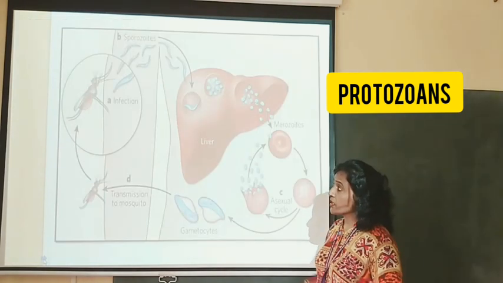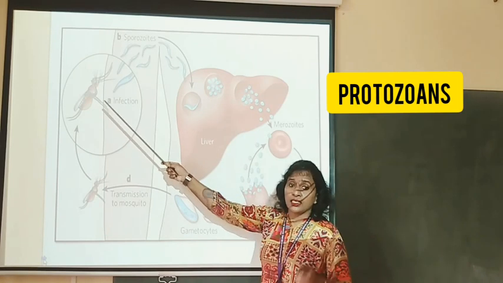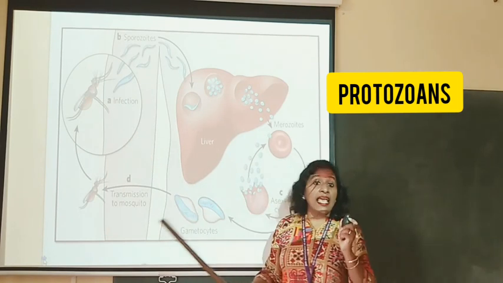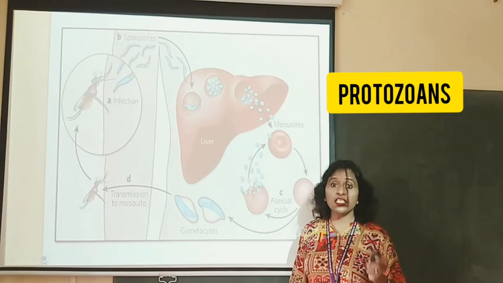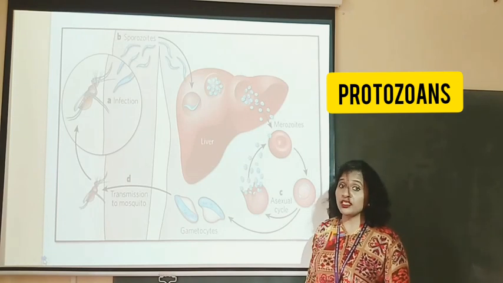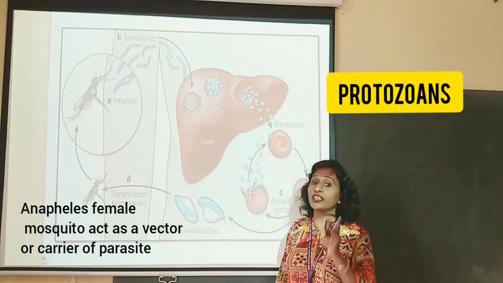So the mosquito is acting as a host along with the human. So the Plasmodium, to complete its life cycle, requires two hosts.